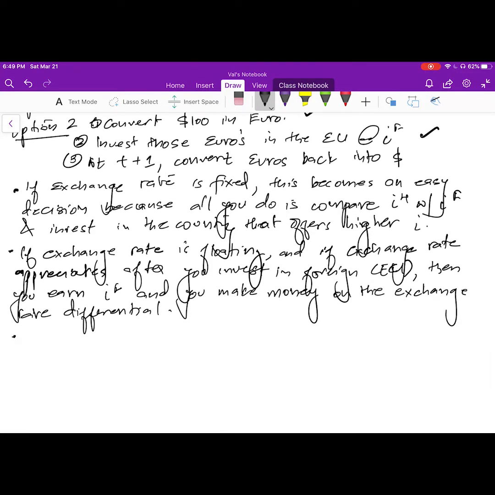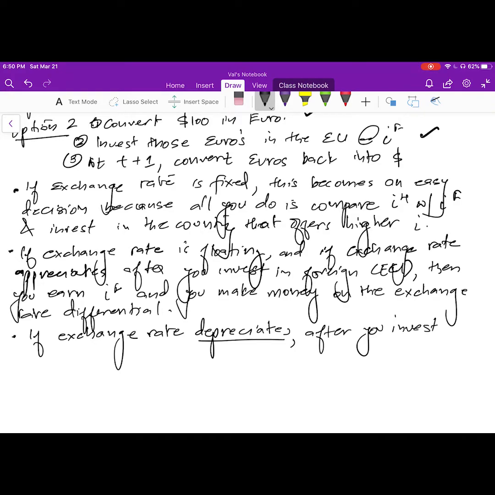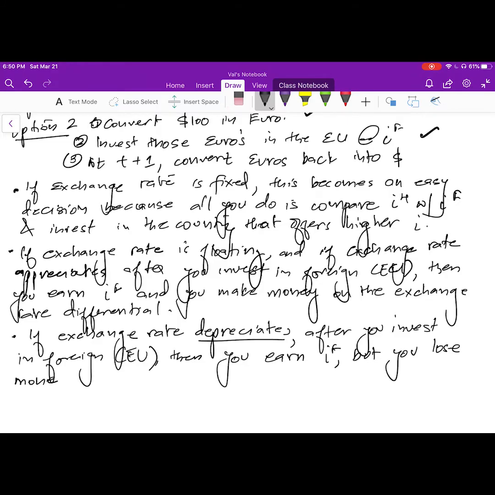The second possibility, if the exchange rate is floating, is if the exchange rate depreciates after you invest in foreign, which once again in this case is European Union, then you earn IF just like in the case above, but you lose money on the exchange rate differential.